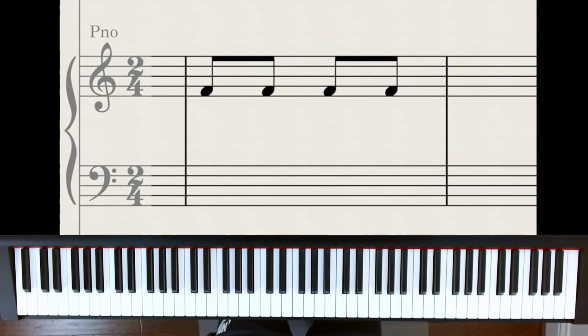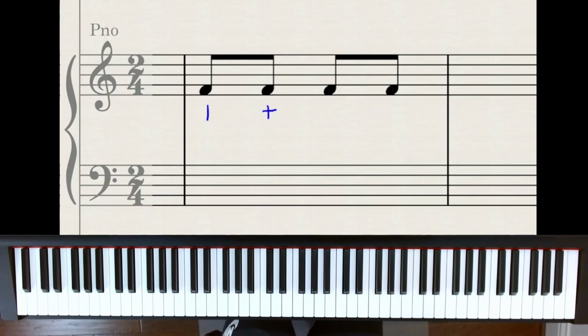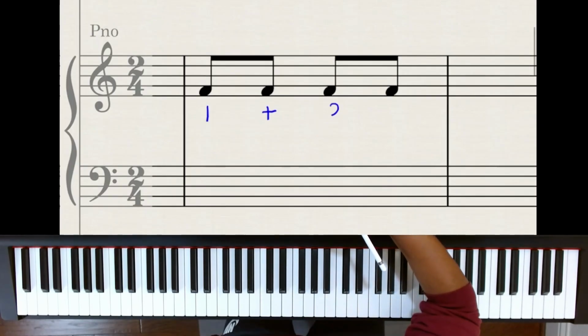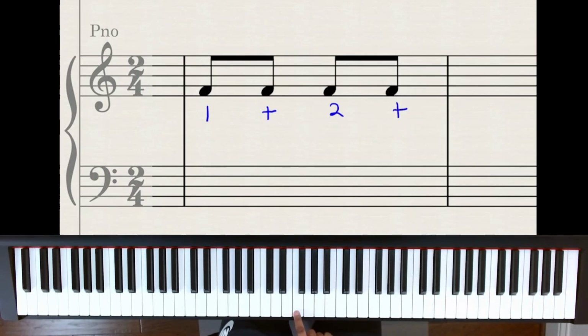We're just going to do our counting here because we know that we have to play 2 eighth notes within one count. So this first grouping we're going to count as 1 and, and the second grouping is going to be 2 and. So we just have 1 and 2 and.